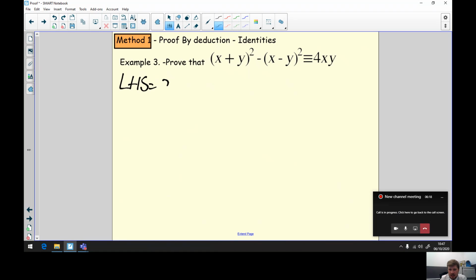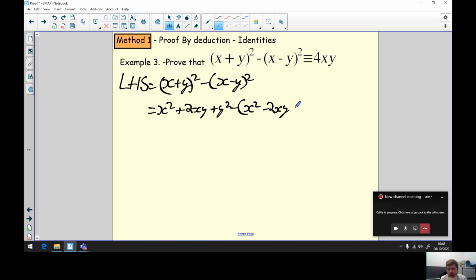So my left-hand side is x plus y squared minus x minus y squared. I'm going to expand these, so I end up with x squared plus 2xy plus y squared minus x squared minus 2xy plus y squared.